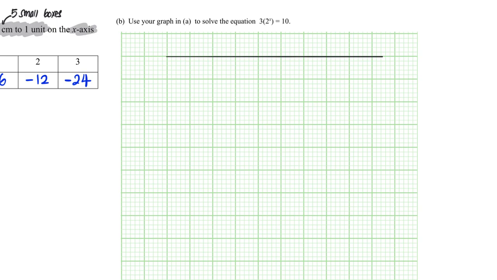Yeah, so that means I just need to make sure that I will have -3, -2, -1, 0. That's where the origin is.